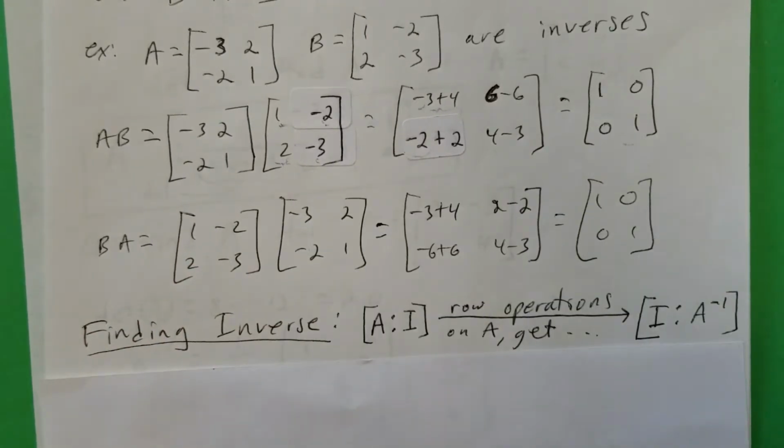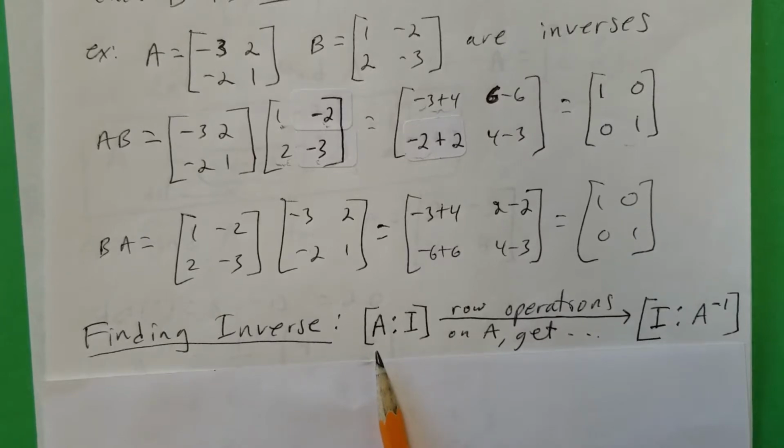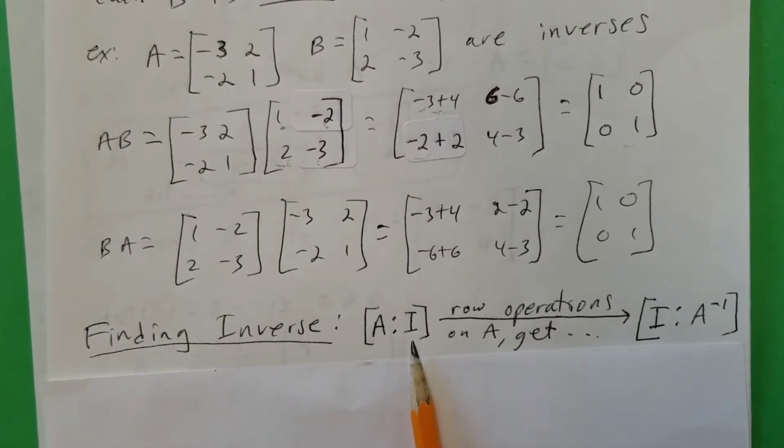Well, the first thing you do is take the matrix that's given to you and put the I matrix right next to it. So you make a giant double matrix, and you put a dotted line in the middle to separate them.